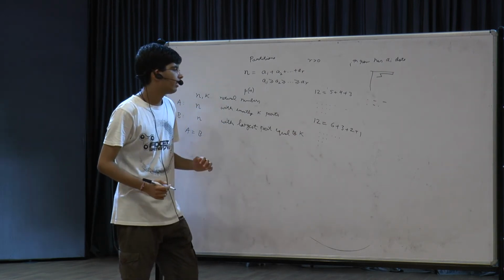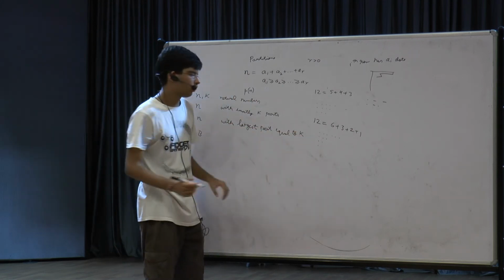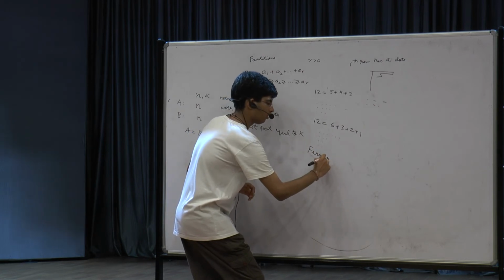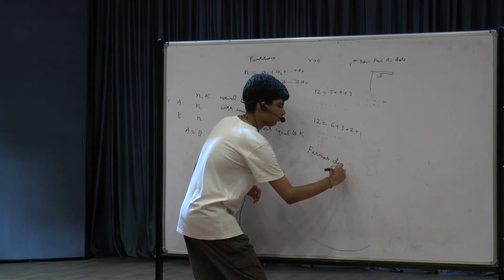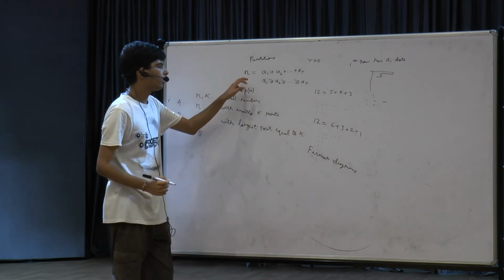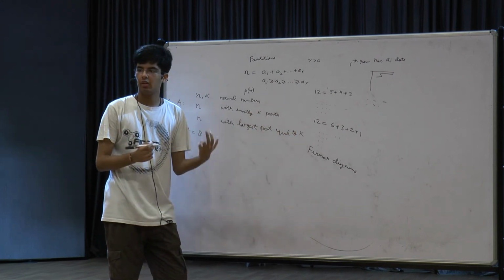And so a partition of n corresponds to one such diagram. These are called Ferrers diagrams. So a partition of n corresponds to one such diagram with exactly n dots.